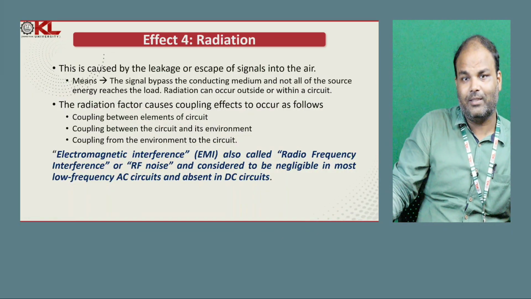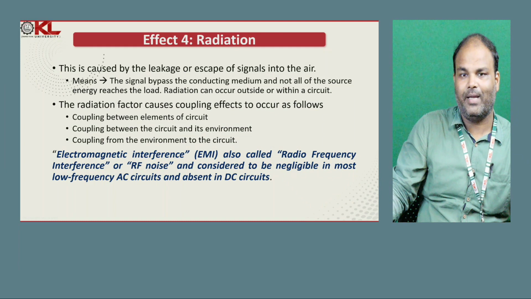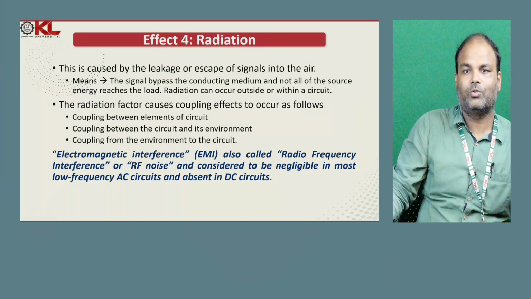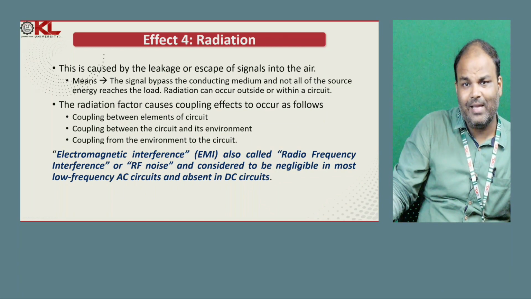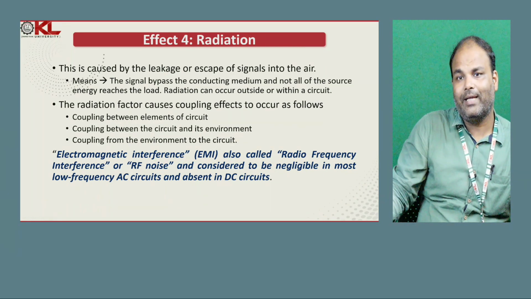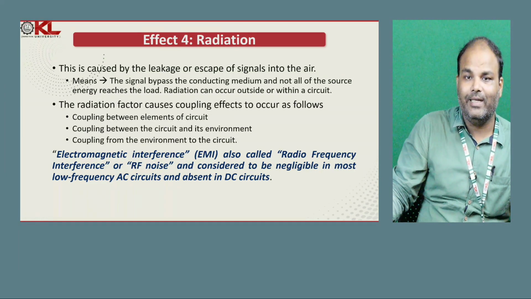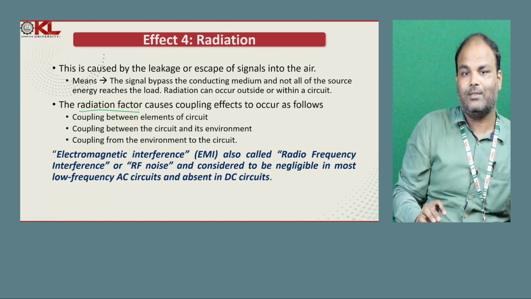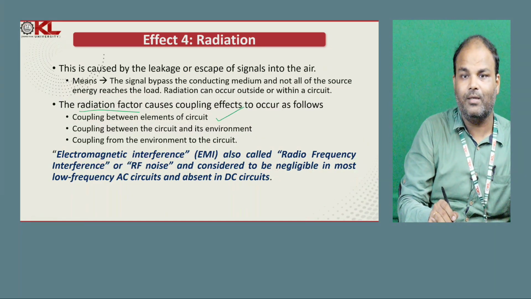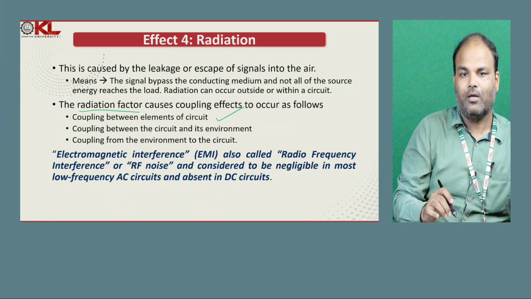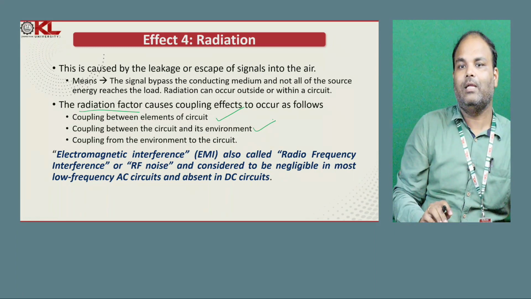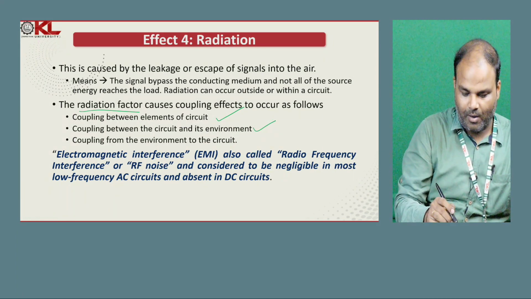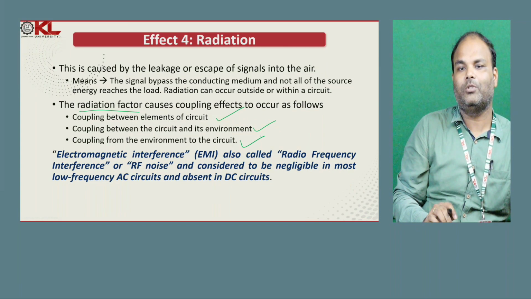Then the last effect is radiation. Due to this skin effect and coupling, we get radiation. Mainly this is caused by the leakage or escape of signals into the air. The radiation factor depends upon coupling between elements of the circuit, coupling between the circuit and its environment, and coupling from the environment to the circuit.